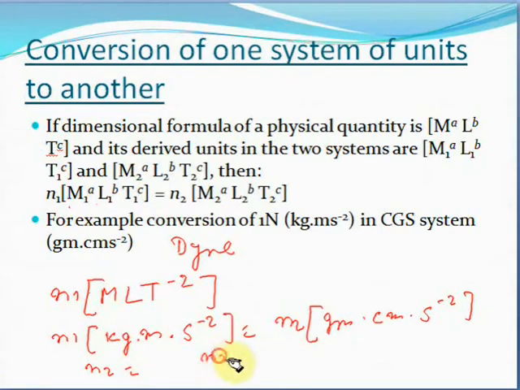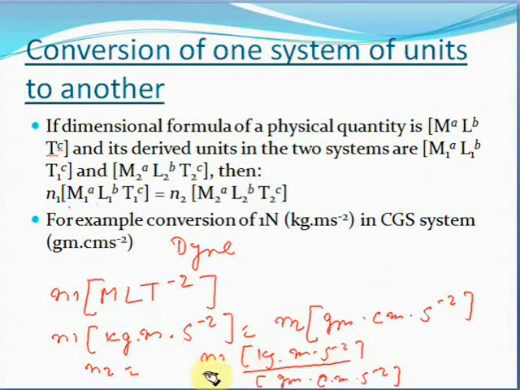So n2 will be equal to n1 into kilogram into meter into second to the power minus 2 by gram into centimeter into second to the power minus 2. So suppose n1 is 1, that is we are taking 1 Newton. So n2 will be equal to, now 1 kilogram will have 1000 gram, that is 10 to the power 3 gram, and 1 meter will have 100 centimeters, that is 10 to the power 2 centimeters.